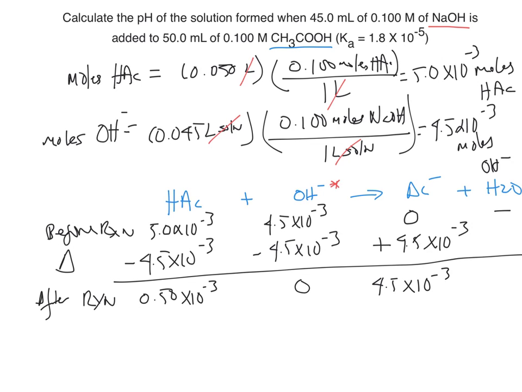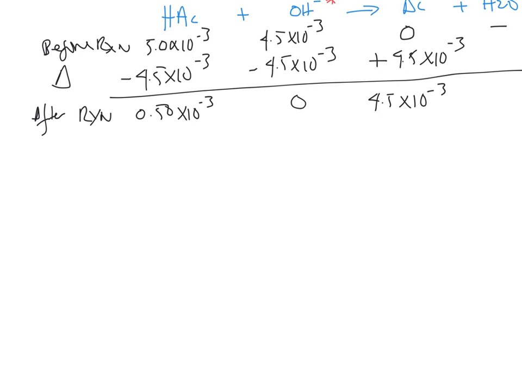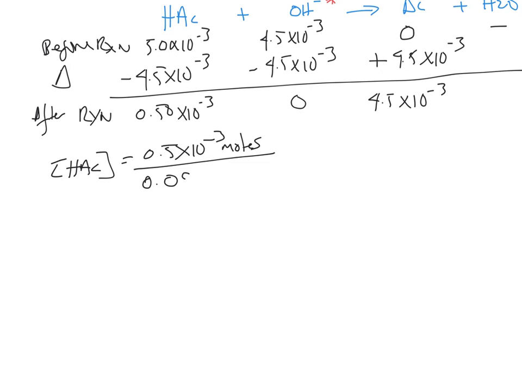So now let's calculate the concentration after the reaction of each of them. So let's start, for example, with the concentration of the acetic acid, which is going to be equal to 0.5 times 10 to the minus 3 moles divided by the total volume, that is 0.095.